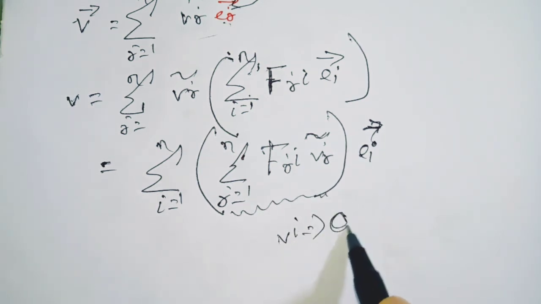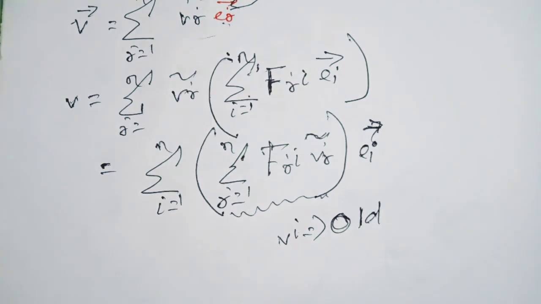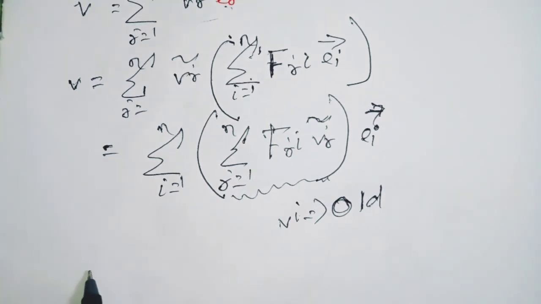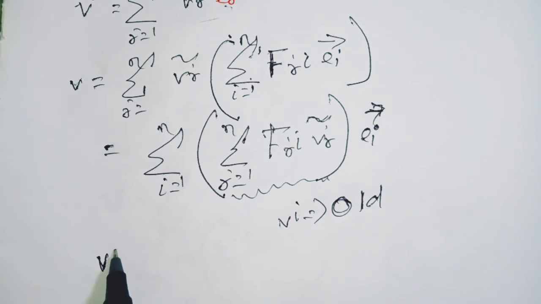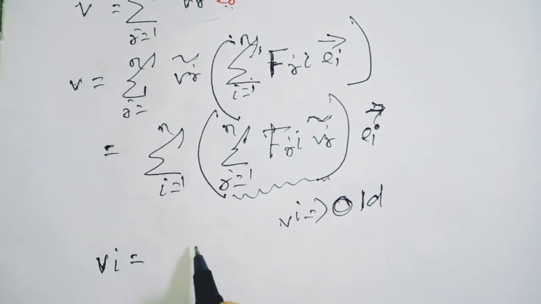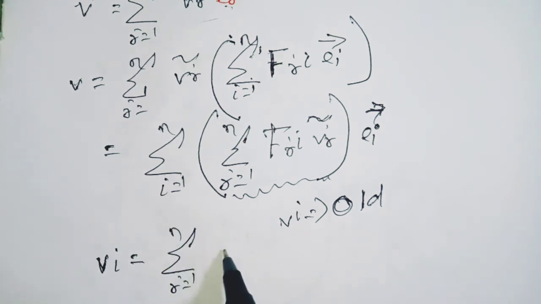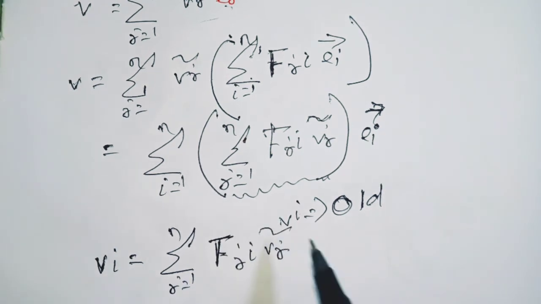This is the old one. So now again you see what we can write from here is that v_i equals sigma of j equals 1 to n f, forward, because we have got the forward one, f_ji v_j tilde, right?